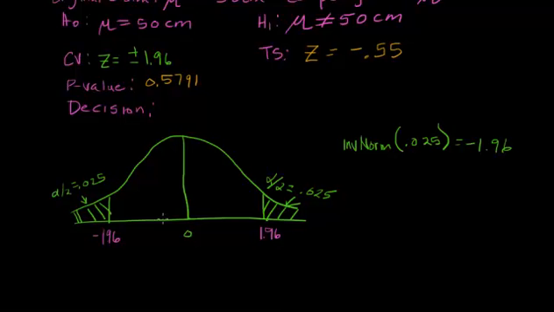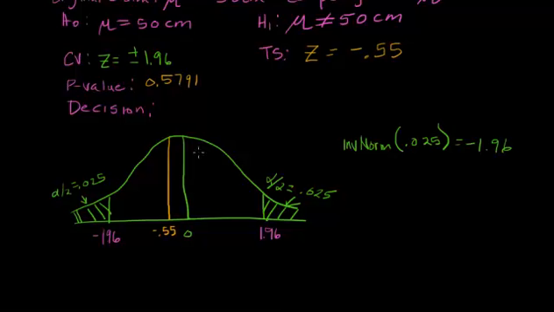Okay, so we're here at -0.55. And this p-value is actually greater than 50%, 0.5.